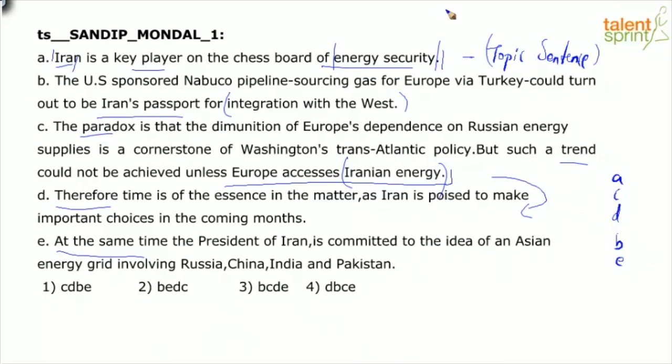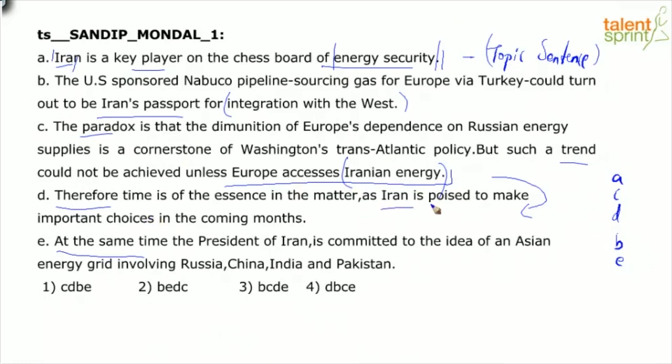The diminution of Europe's dependence on Russian energy supplies is a cornerstone of Washington's transatlantic policy. But such a trend could not be achieved. So see, and then it says, but in order for you to achieve that, you need to buck up in time. The quicker you act, the faster you'll be able to achieve that. Because why is time the essence of the matter?